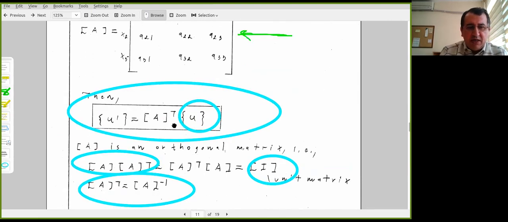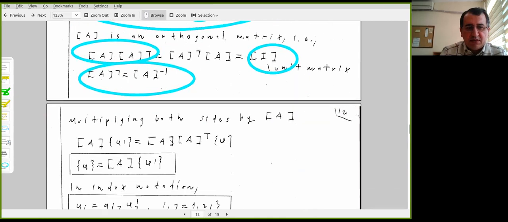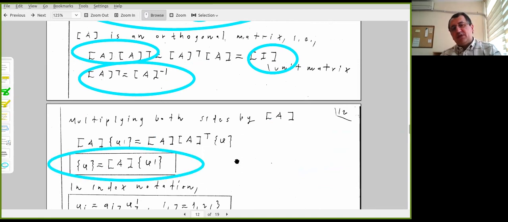Pre-multiply each side by A. A times A transpose becomes the identity matrix. Identity matrix times V becomes V. So V is equal to A times V prime. That's the second result. In this definition, V is A times V prime.